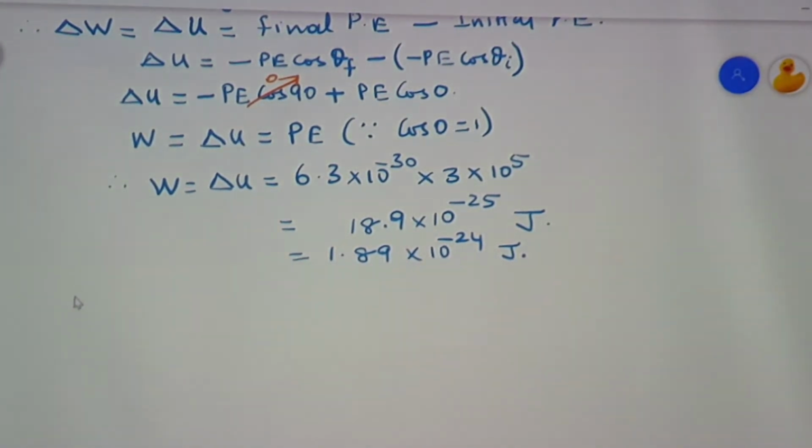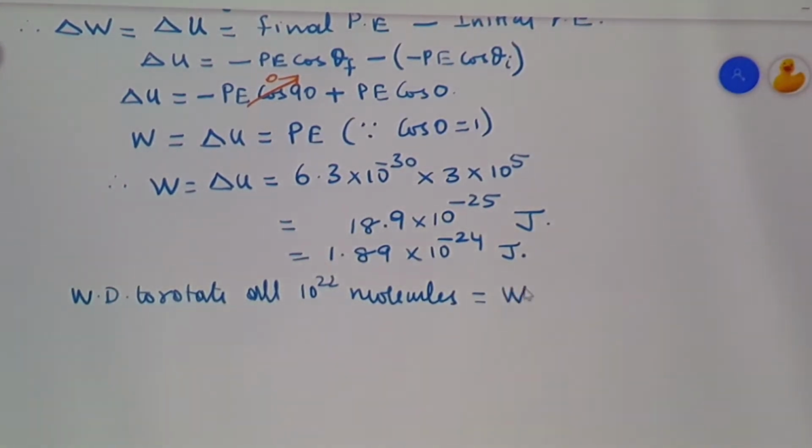So I am writing work done to rotate all 10 power 22 water molecules is equal to work done by a single molecule multiplied with the number of molecules. So let us write like this, W total.